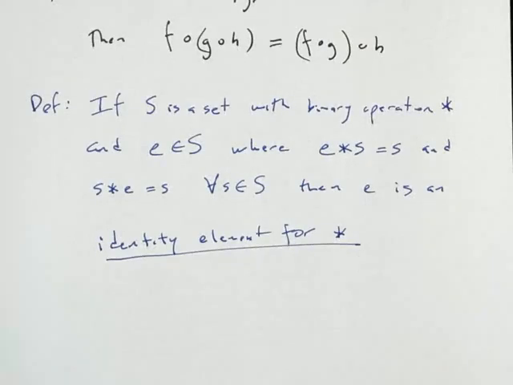Let's suppose I have a set with a binary operation. And I can find some element, I'll call it E for the moment. And E has this amazing property. When I do E star anything, E star S, or S star E, I get back S. In other words, starring by E doesn't do squat. We call that an identity element.